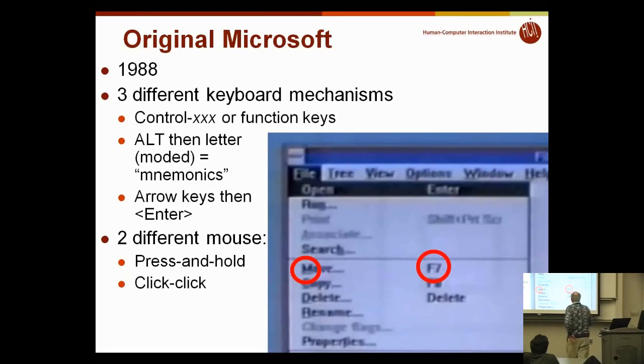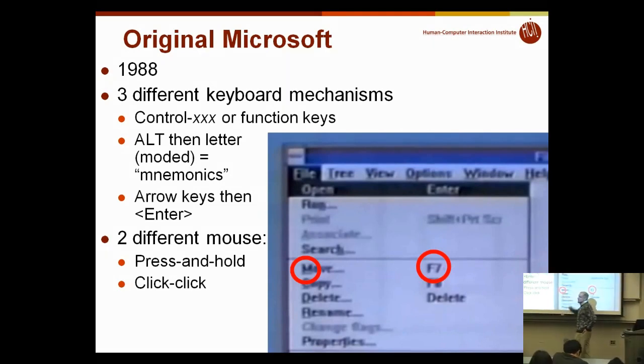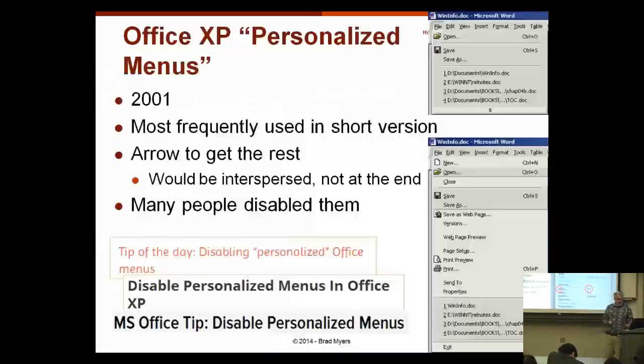So they retained what are called accelerator keys or control keys to do all the commands, like Control S for save and Control C for copy. But they also added these underlined things, which are called mnemonics, that you can invoke from the Alt key. And the menus also operated in these 2 different ways: click, click, or press and hold and release. So these were all built into the menu package right from the beginning.